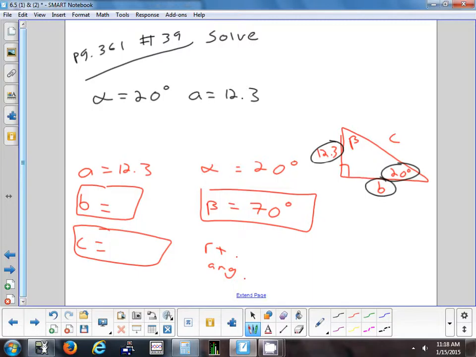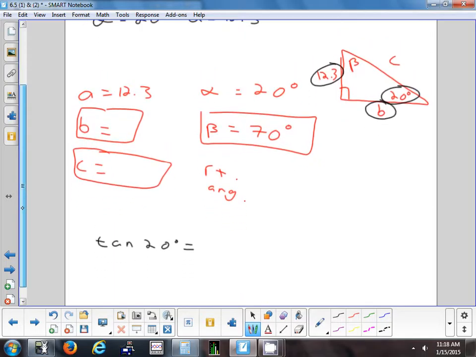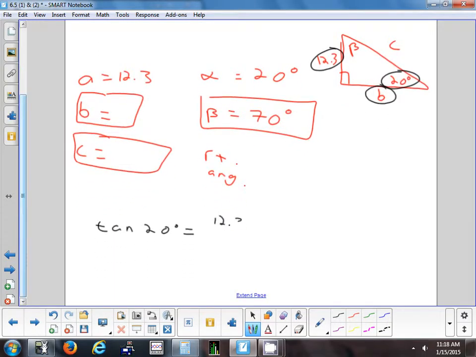All right, which trig function do I need this time? Tangent, yeah. We want to know the side adjacent. We know opposite. So we're involving opposite and adjacent. So let's set that up. So tangent of 20 equals 12.3 divided by B.